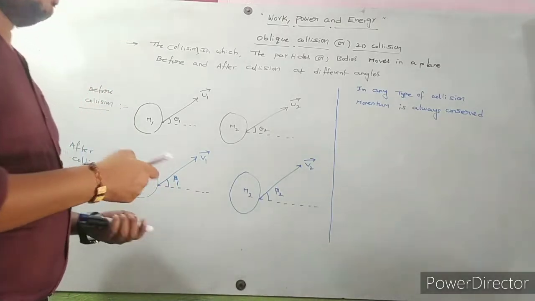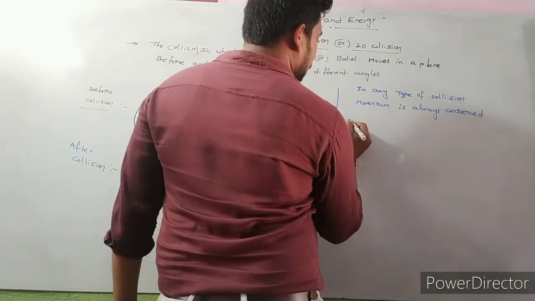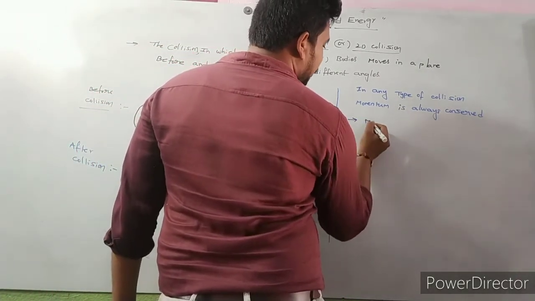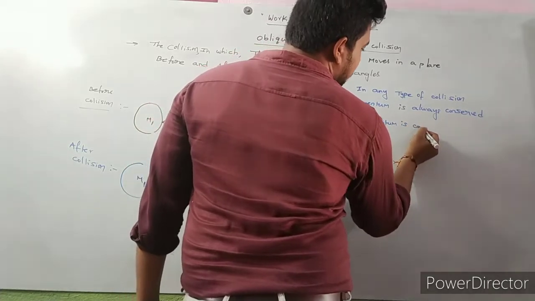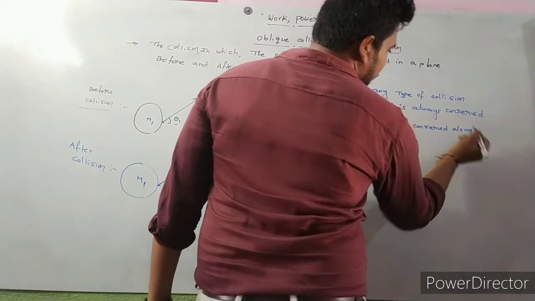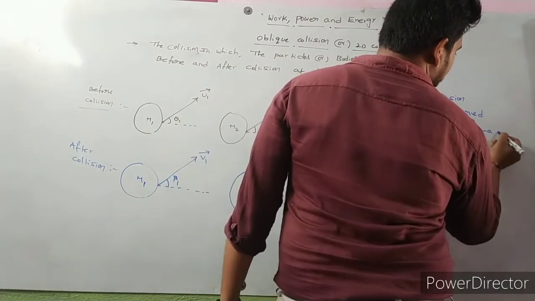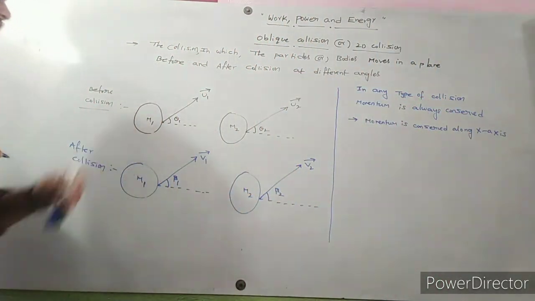So here momentum is conserved along the x-axis. Definitely the velocity is split into two components.